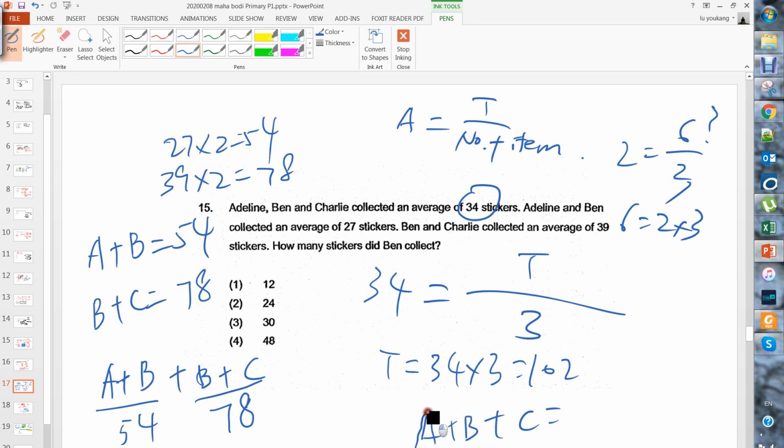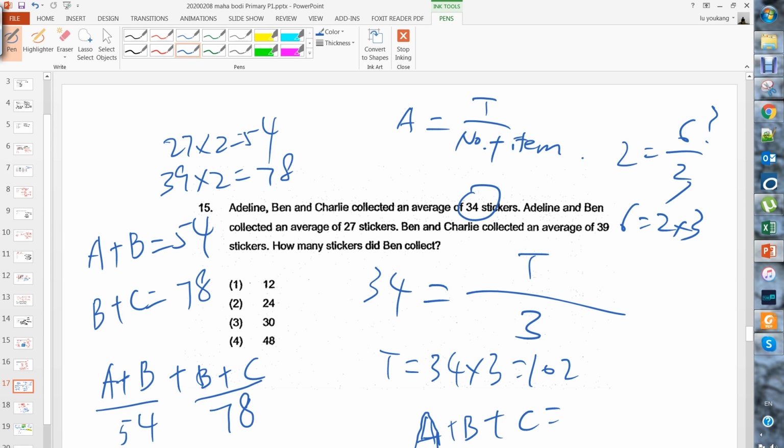What's the value of A plus B plus C? No. Adeline, Ben, and Charlie. The three of them added together give you what? The total. What's the total?